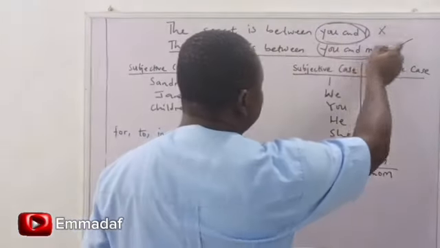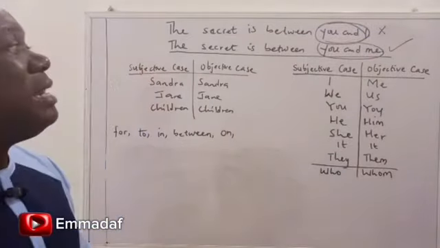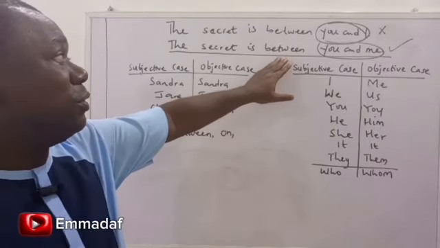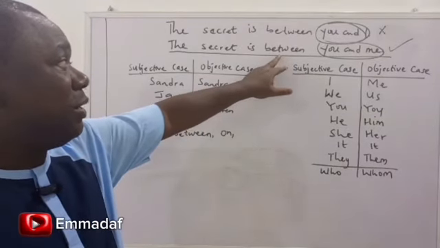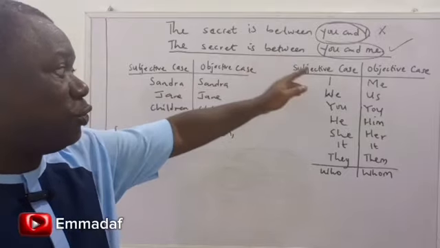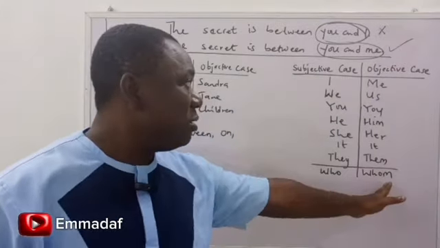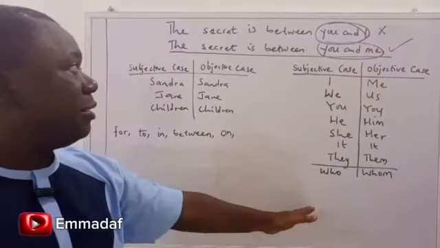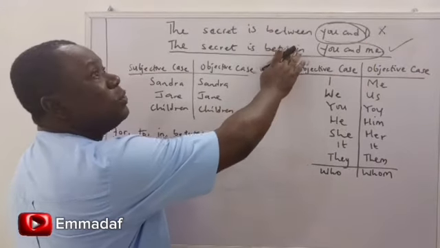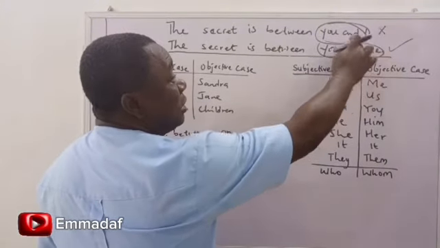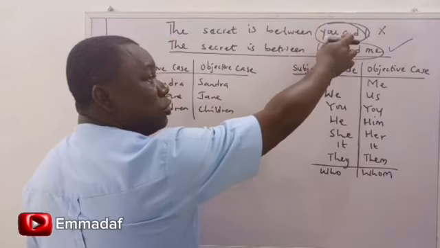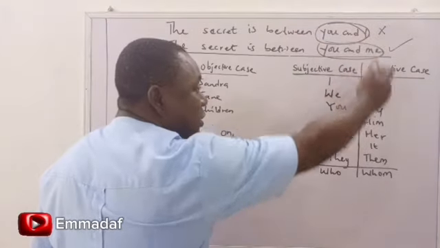So we say this and this is the object of the preposition. Now, when any pronoun precisely functions as the object of a preposition, you use the pronouns here, not here. This is a preposition. So any pronoun that is functioning as its object, that is following the preposition, must be in this case.